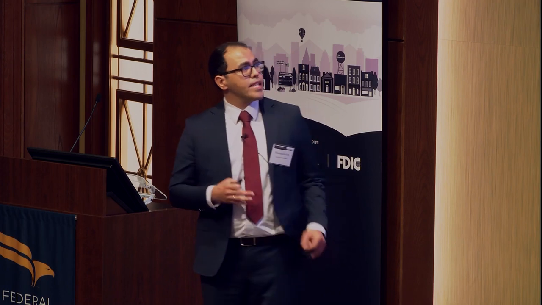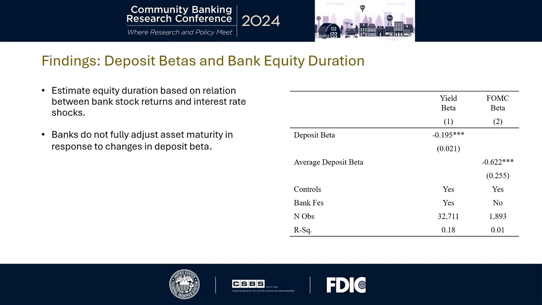And what we find is a strong negative relationship. Whichever specification you implement, we find a negative relationship between the deposit betas and duration of bank equity, which would suggest that maybe deposit franchise is not a perfect hedge for interest rate risk. If it is a perfect hedge, you will see no relationship in this table.